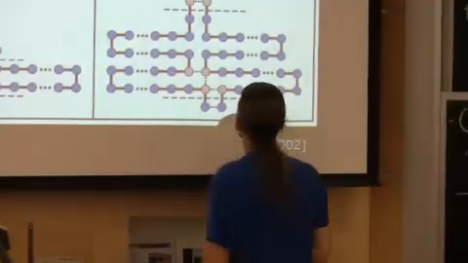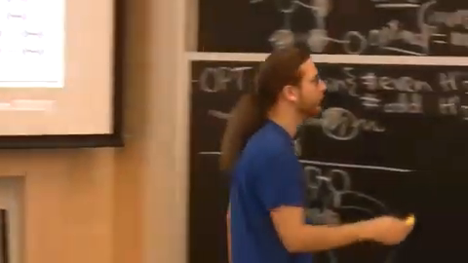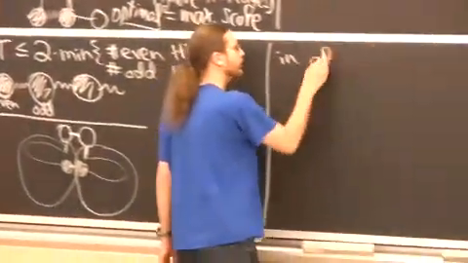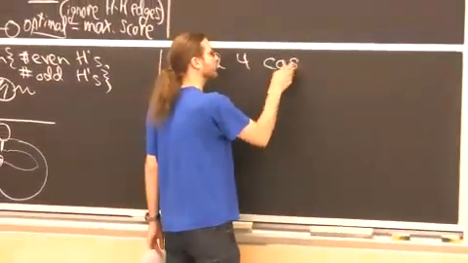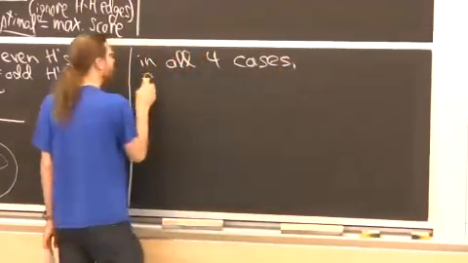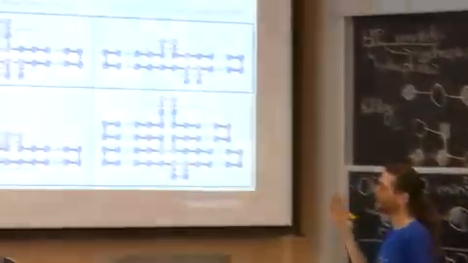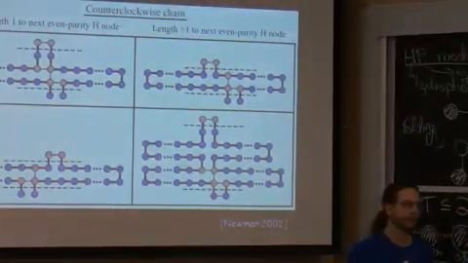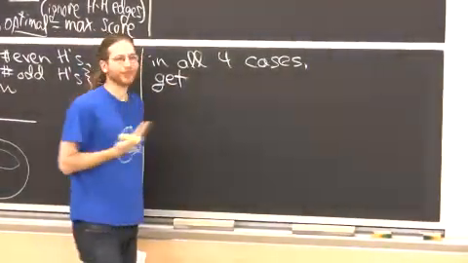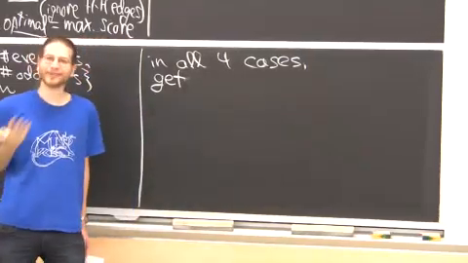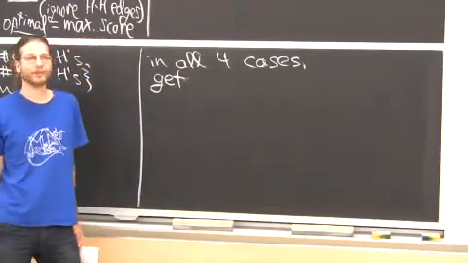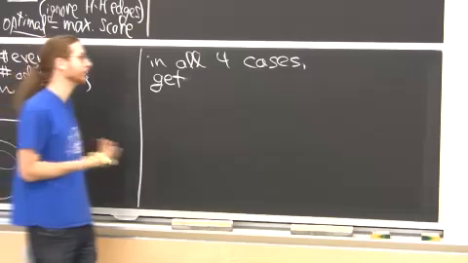Okay, so in all cases, I didn't skip anything. I did all of the even H nodes on the right side. I did all of the odd H nodes on the left side. So I did skip something. I skipped all of the odd guys on the left side and all the even guys on the right side. So I skipped half of the H nodes.